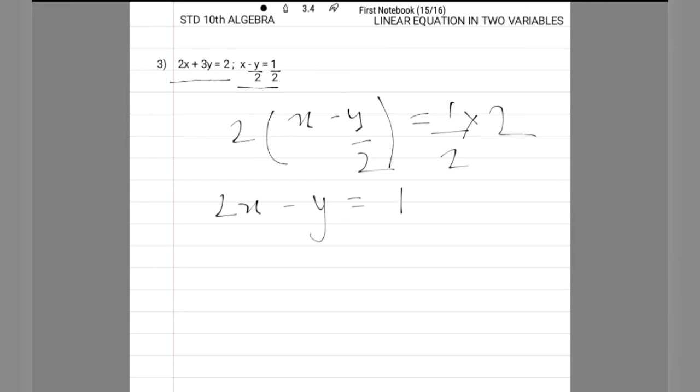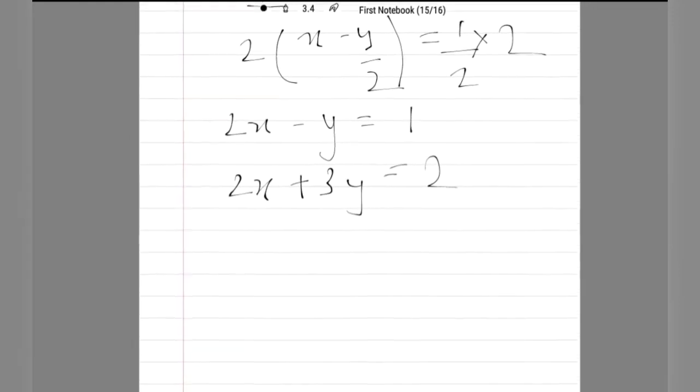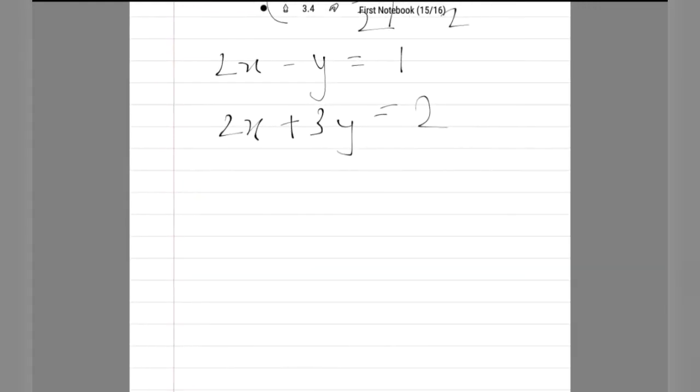So this is the second equation, and the first equation we have is 2x plus 3y is equal to 2. So these are the two equations we have, and we have to find the values of x and y by using Cramer's method. So first, after writing the given equations in the form of ax plus by is equal to c, we will find the determinants.